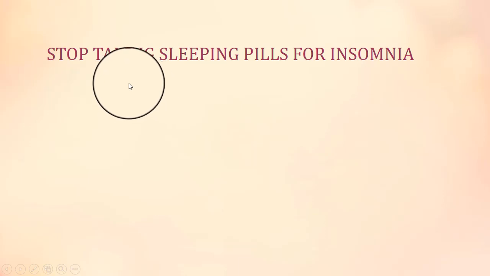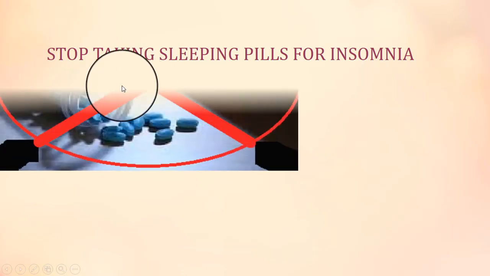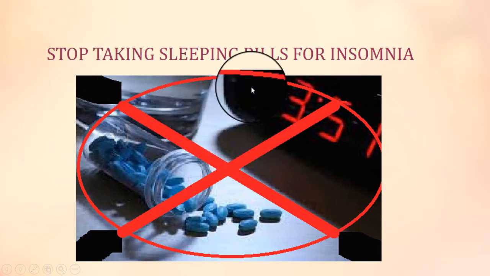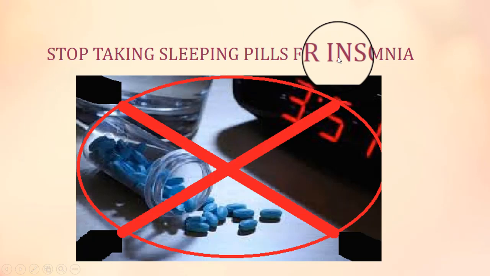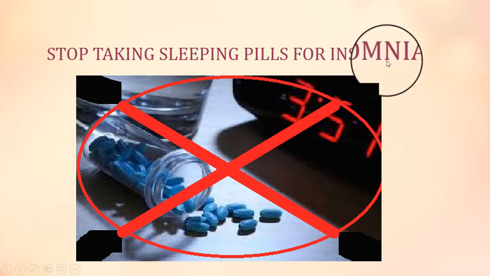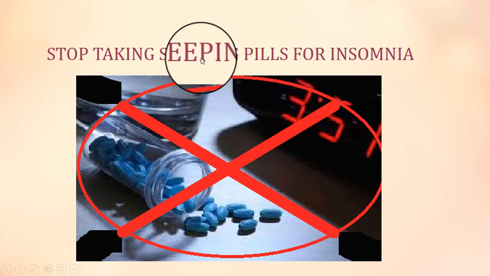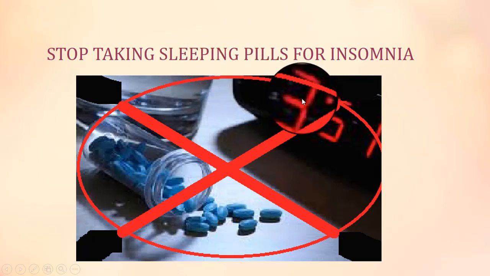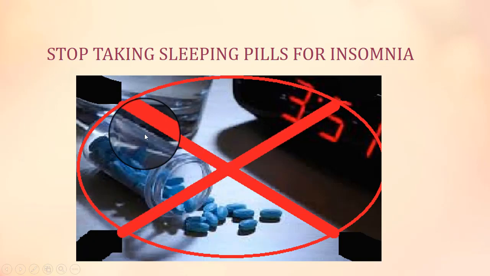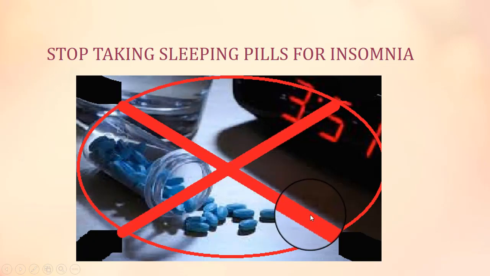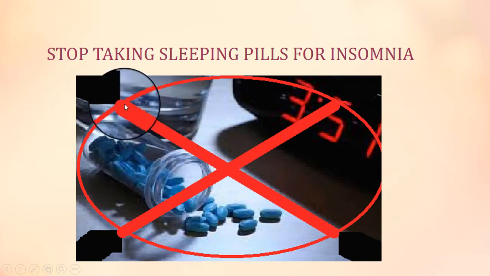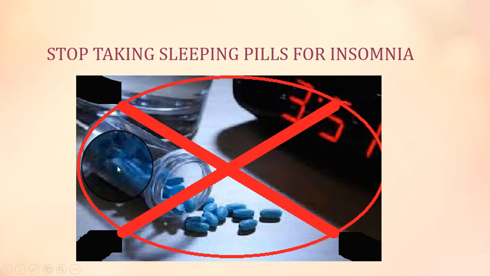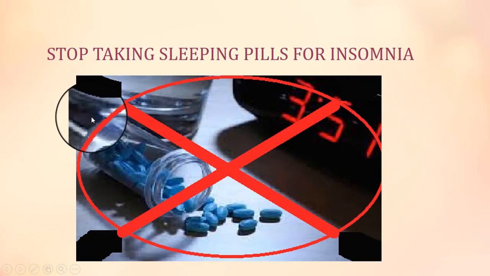Now next, we'll talk about sleeping pills. Why one should avoid taking sleeping pills for treatment of insomnia. What's the need to avoid them? Let's discuss this. Conventional treatment for insomnia employs the use of sleeping pills or sedative hypnotics to induce or maintain sleep.